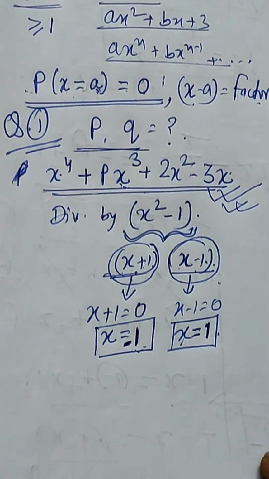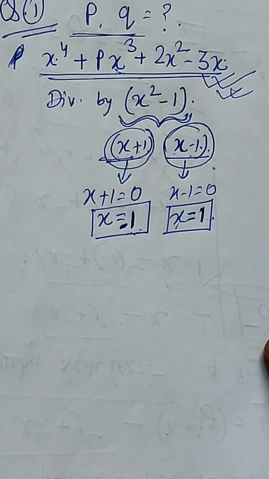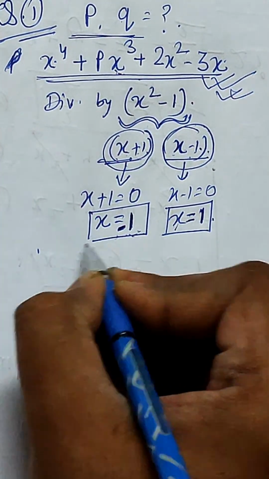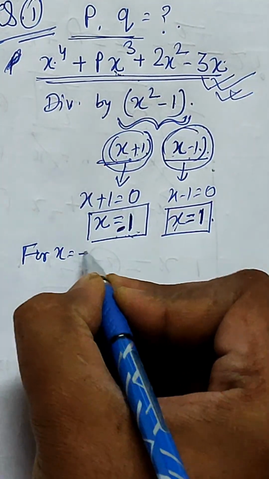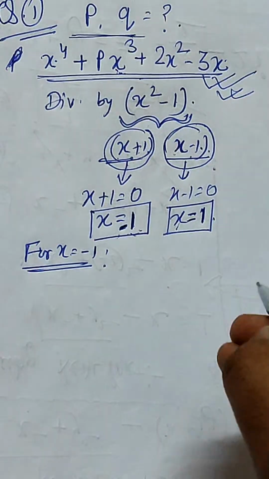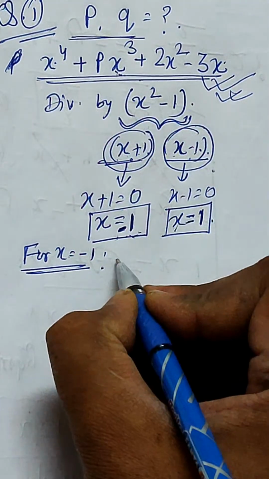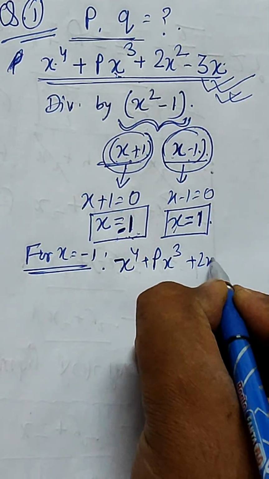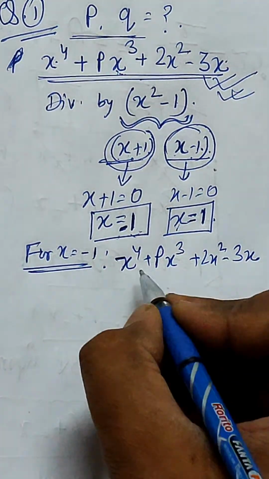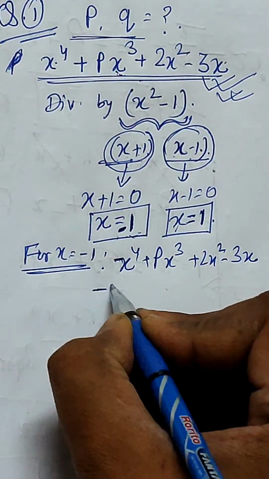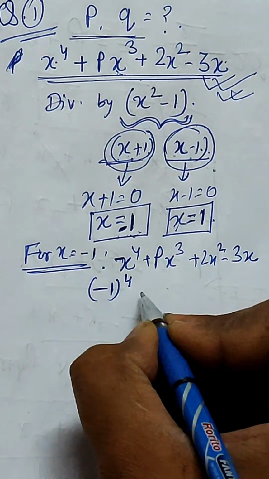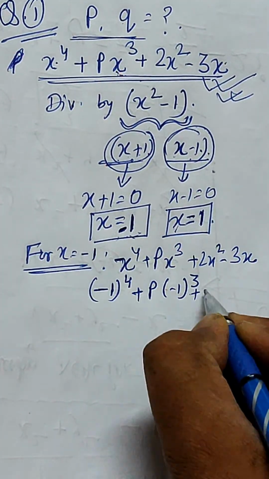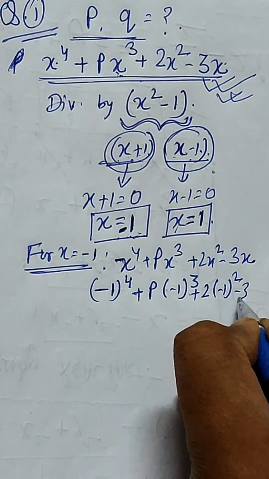So let us solve. When x equal to minus 1, our polynomial in place of x^4 plus px cube plus 2x square minus 3x will look like this: minus 1 power 4, plus p times minus 1 cubed, plus 2 times minus 1 squared, minus 3 times minus 1.